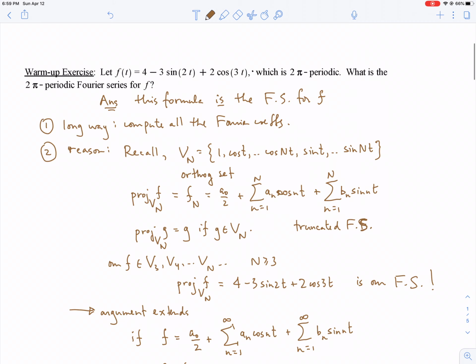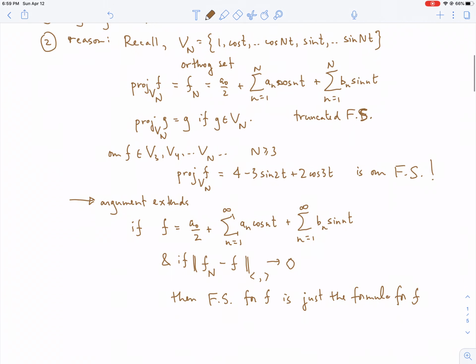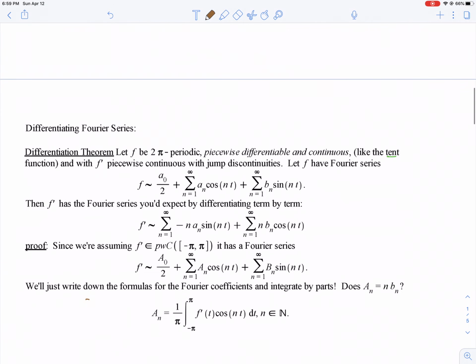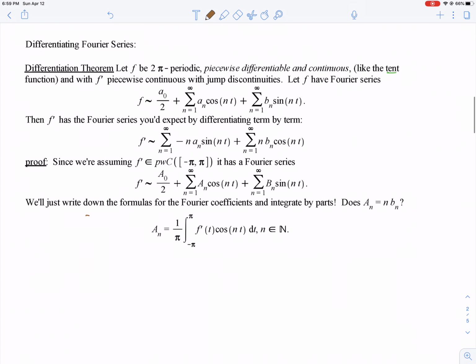Okay, so this is useful, as you'll see in your homework, and we'll even appeal to it today.